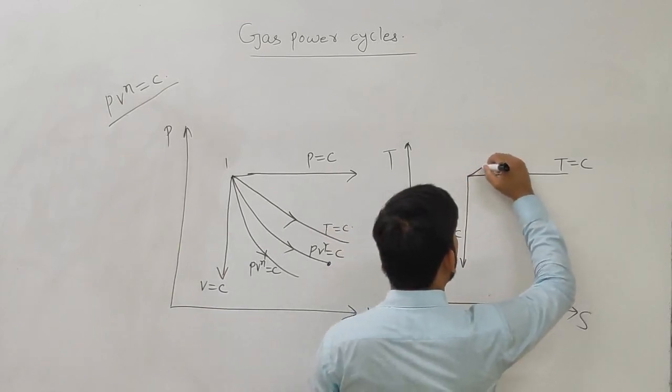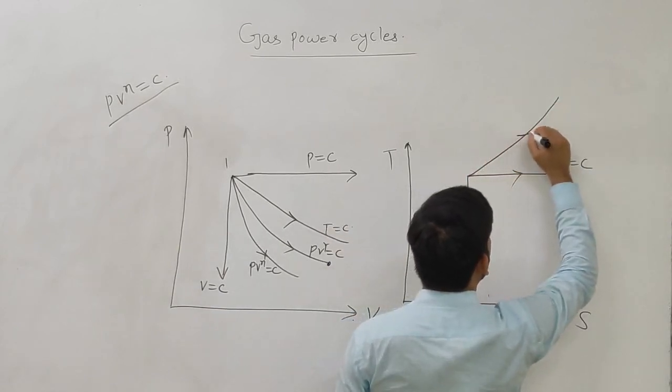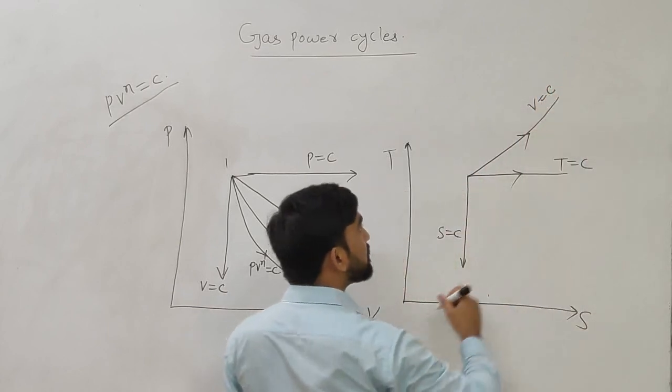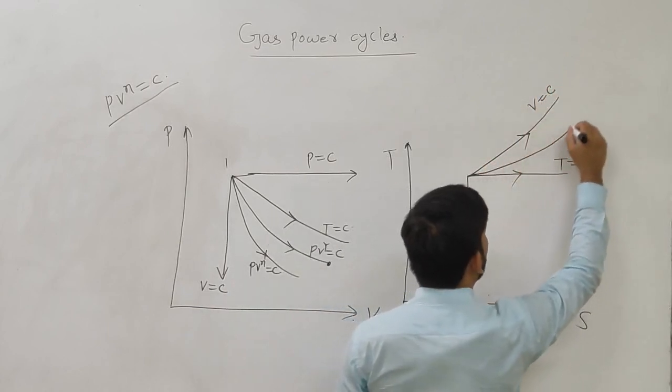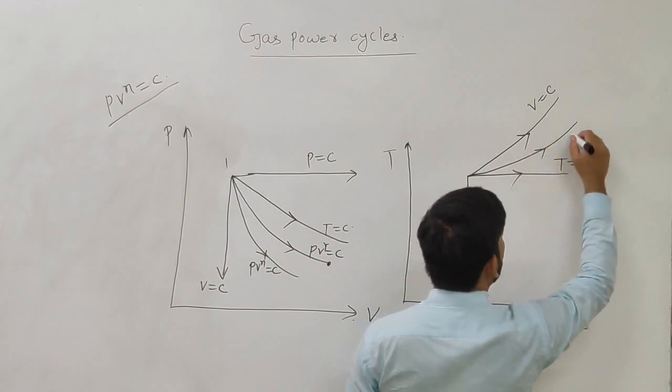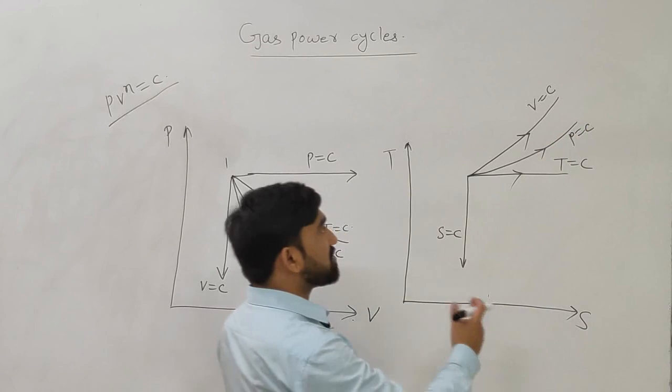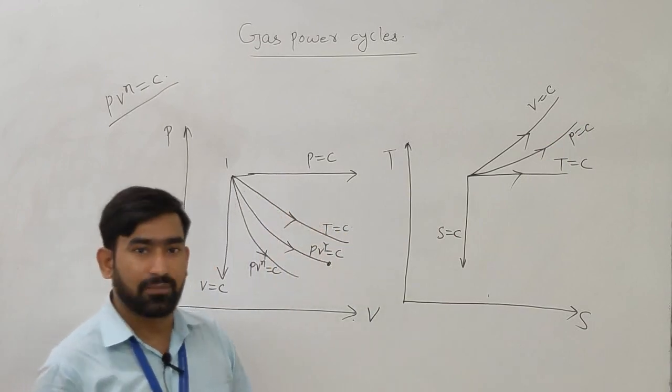This curve will represent volume equal to constant in the TS diagram, and this curve will represent pressure equal to constant, or the constant pressure process.